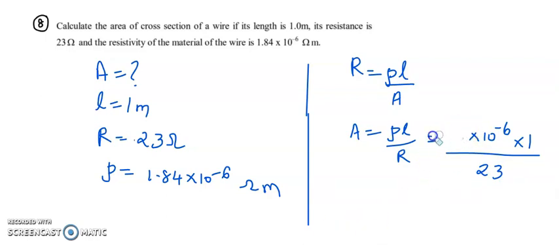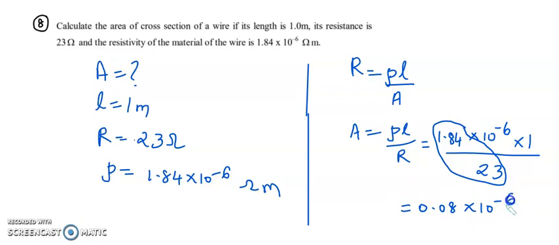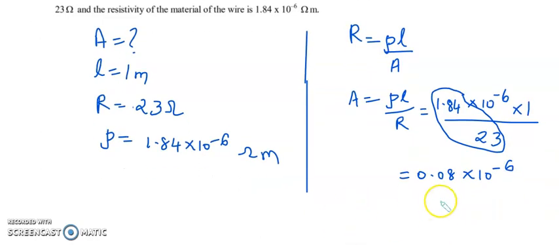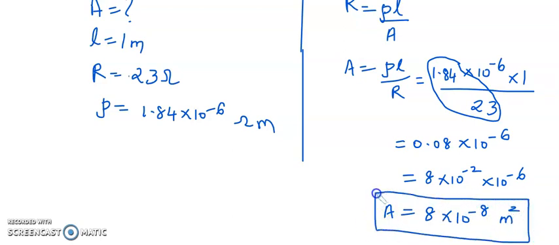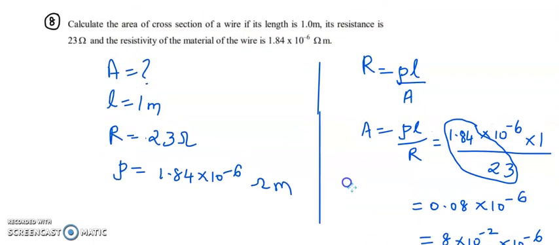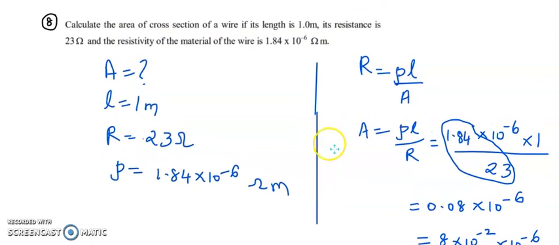The resistivity is 1.84. Now 1.84 divided by 23 will give me 0.08 multiplied by 10 raised to minus 6. I can write this 0.08 as 8 into 10 raised to minus 2 multiplied by 10 raised to minus 6. So the area is equal to 8 multiplied by 10 raised to minus 8 meter square. Am I clear? So we looked into various questions based on resistivity of a material.